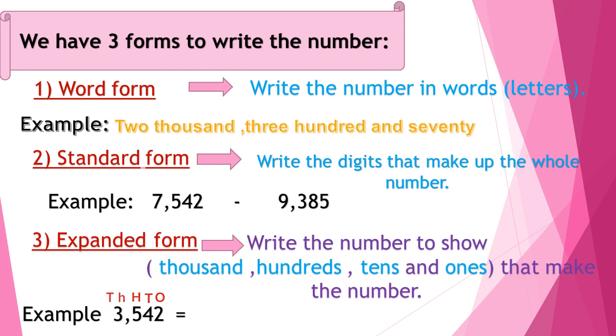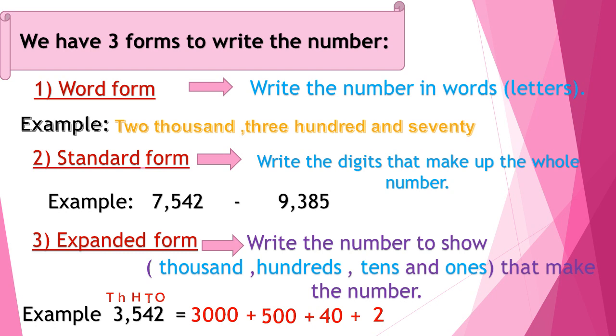To write this number in the expanded form, here we have 3,000. Then we write 3,000 plus 5 hundreds. 5 in hundreds, so we write 3,000 plus 500 plus 4 in tens, it means 40, plus 2.